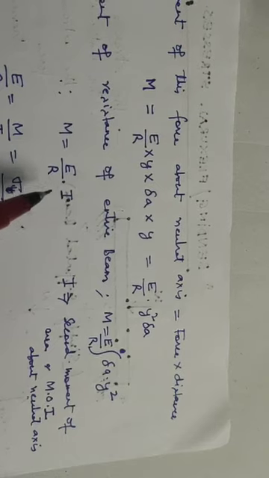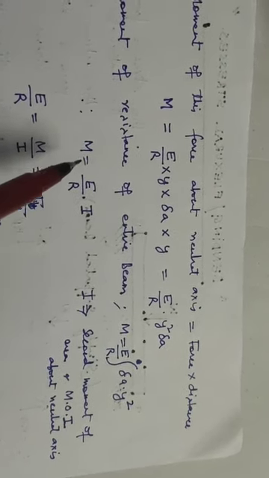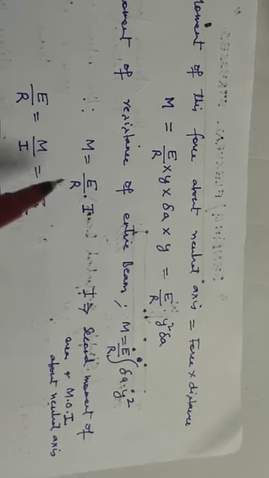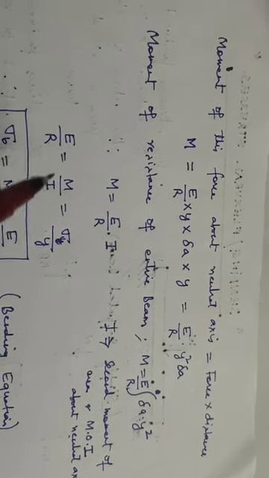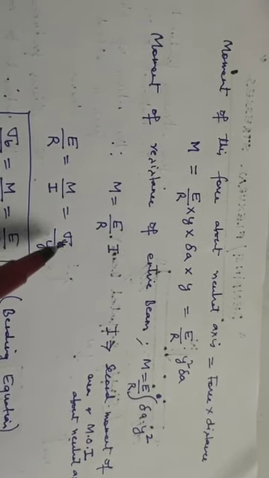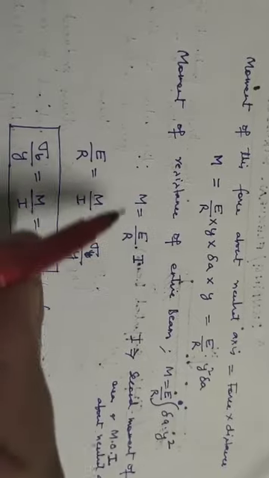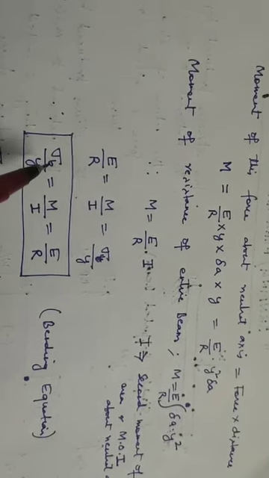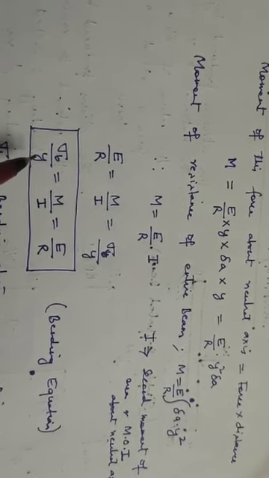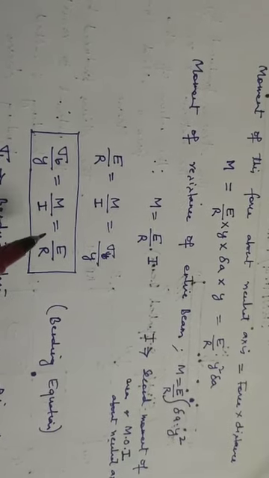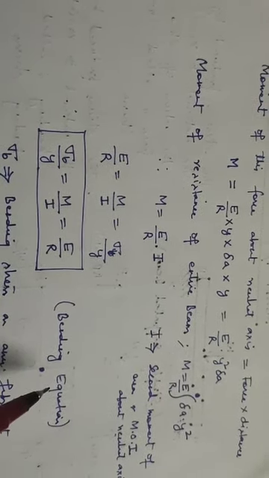So by rearranging, this will be equal to M by I equal to E by R, and we have already calculated that E by R equal to sigma b bending stress upon y. So by rearranging this, we got this equation: sigma b bending stress upon y equal to M by I equal to E by R, and this is your bending equation.